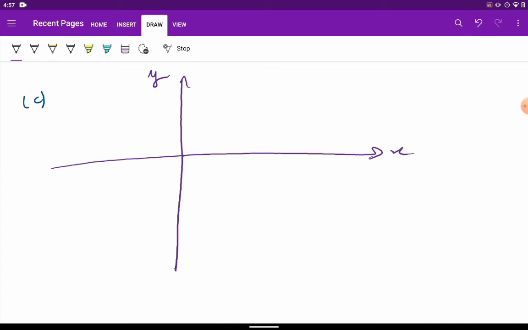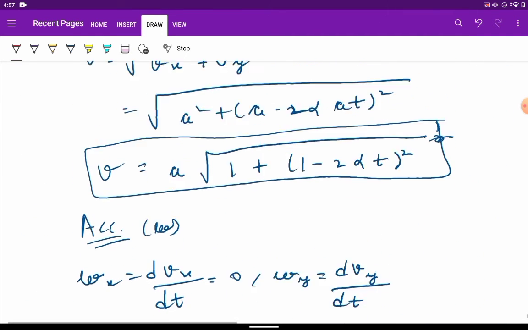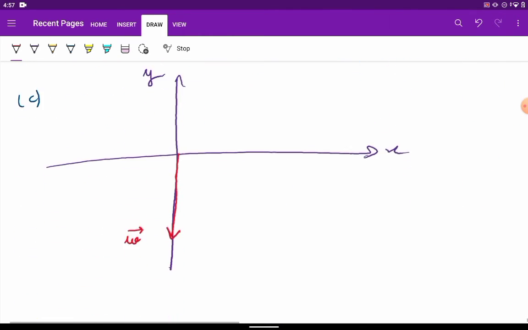Let's draw that with red. So this is your w vector. Simple. What about the velocity vector? Vx is a constant and vy is a minus 2 alpha a t.